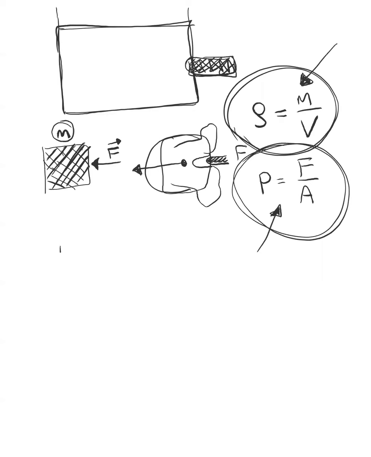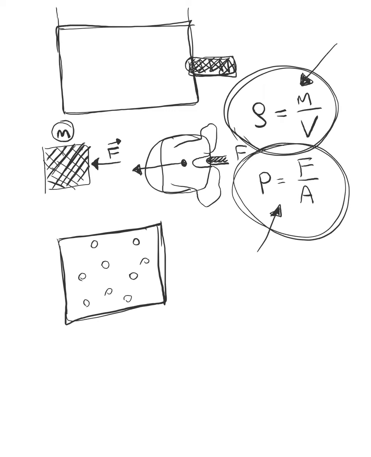So if I have a liquid or a gas in a container, then I know that this liquid or gas is, under the hood, made of tiny molecules that are moving around. And as these molecules move around, they will be interacting with the walls of this container. There will be bouncing off the wall, like so.